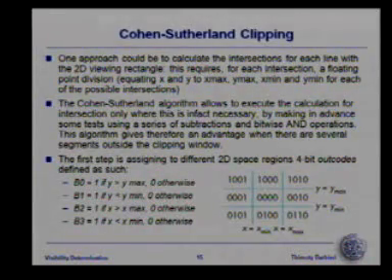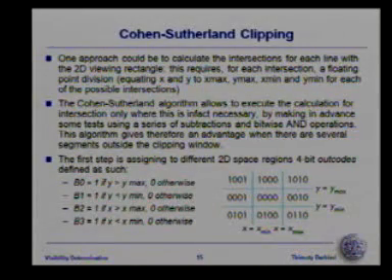So this algorithm gives you a big advantage if the general situation of your engine is that most of the segments are outside the clipping window. You just have to determine which are inside or which are partially inside or outside and create an intersection on them. How do you do that?